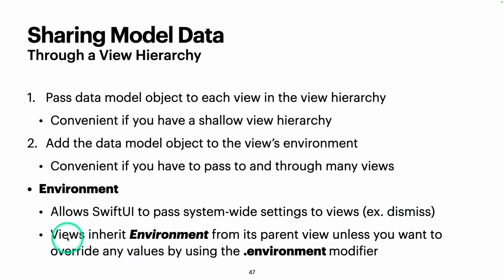Views inherit environment from their parent view unless you want to override any values using the dot environment modifier. So if, for example, on B you pass in an object through its environment, then you can get it all the way down to subview D, because D inherits from C and C inherits environment from B and so forth.